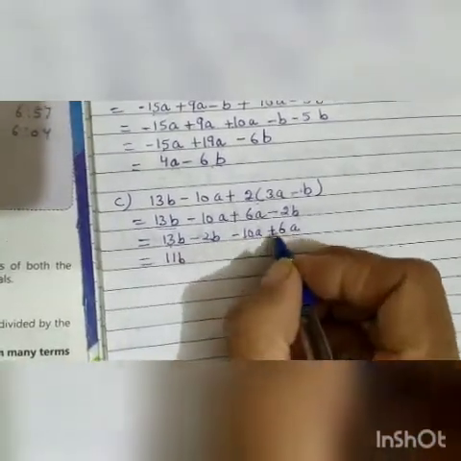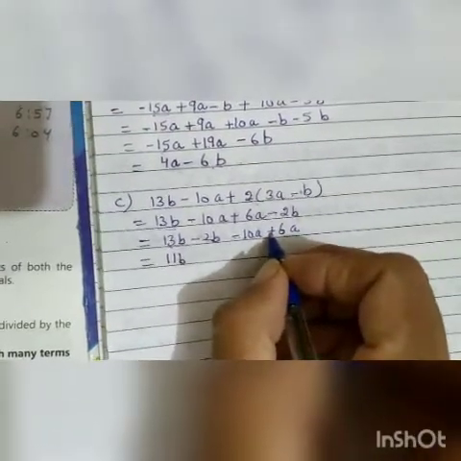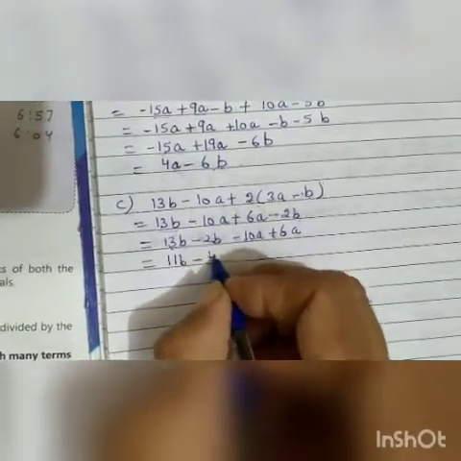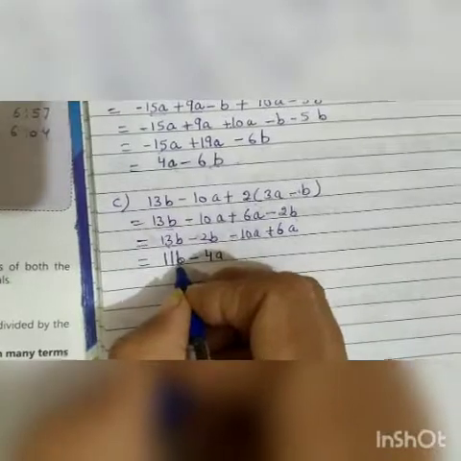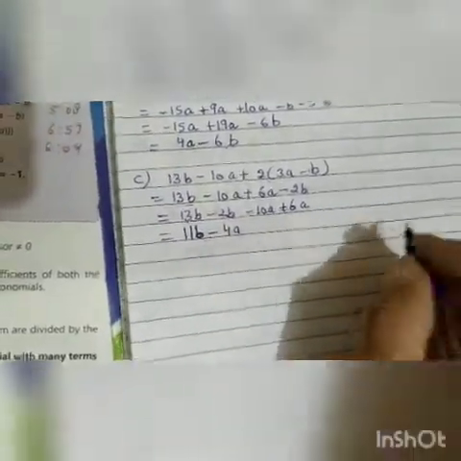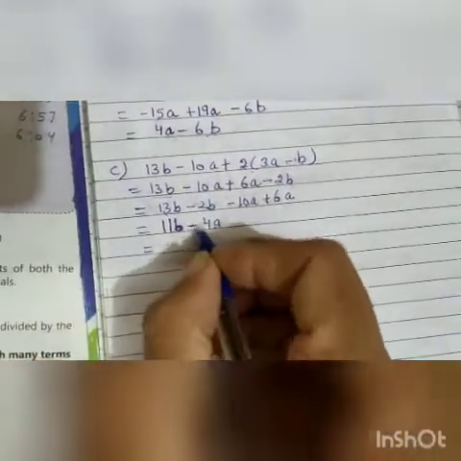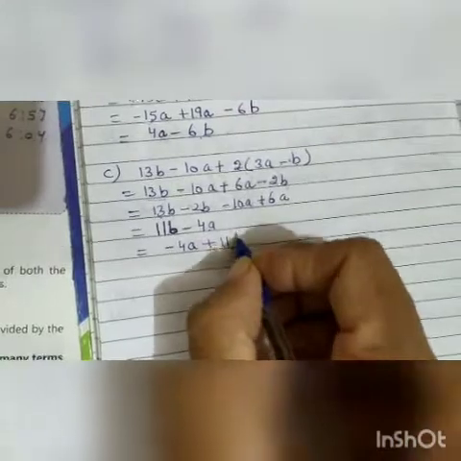Then minus 10a plus 6a. Both have different signs, so we will subtract 6 from 10. We will get minus 4a. Students, this is 11b, not 116. Again these two are unlike terms. We can write it first as minus 4a plus 11b.